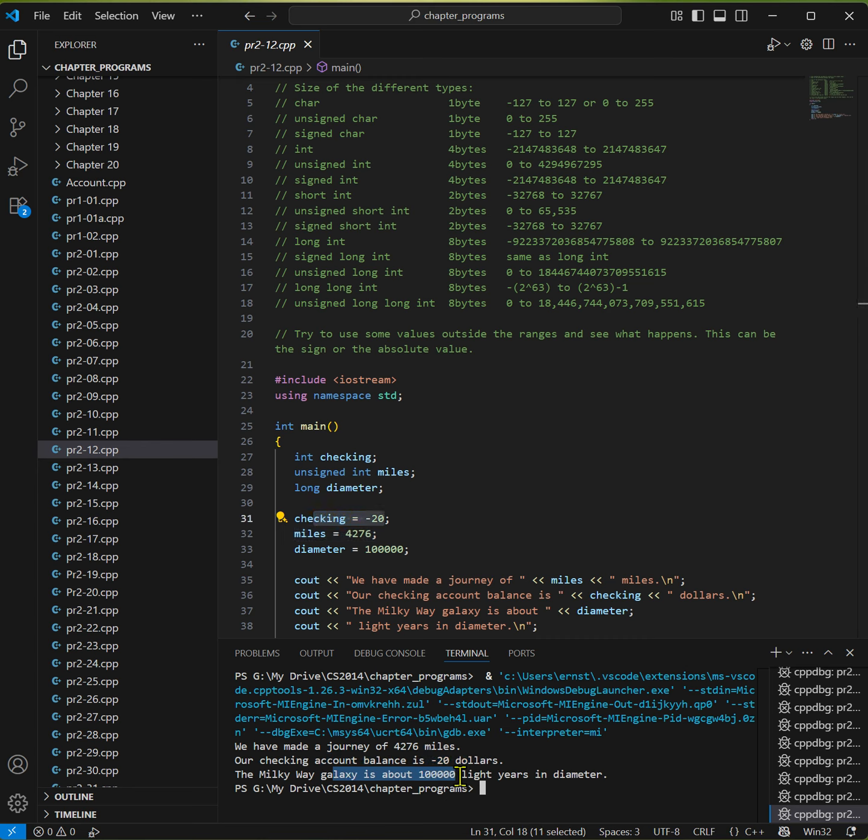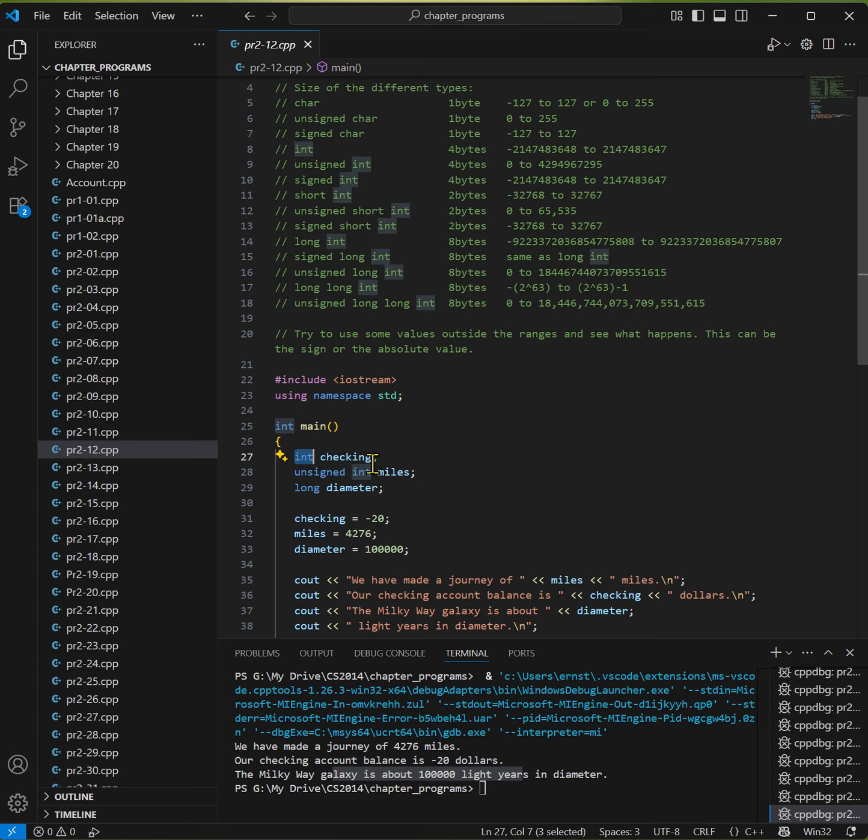And the diameter is about 100,000, and that's correct too. Let's change these values a little bit and see how we can use this outside the normal range. So an integer for checking goes from minus 2 billion to plus 2 billion.